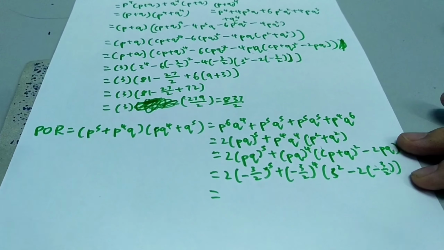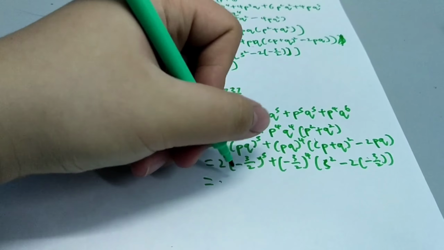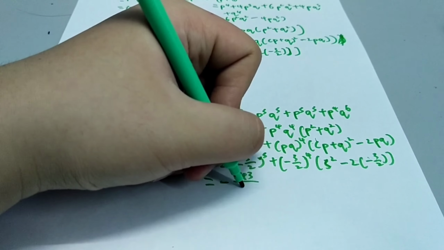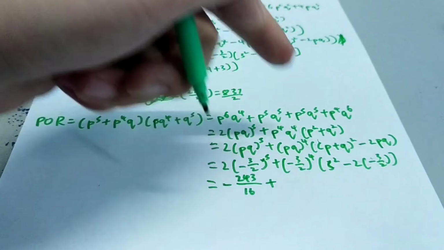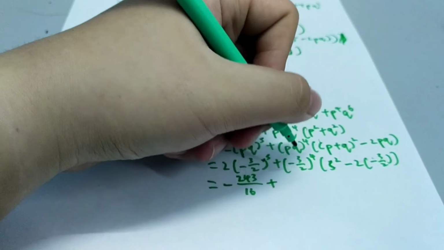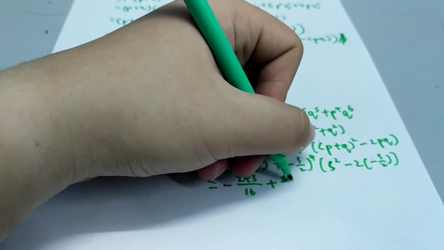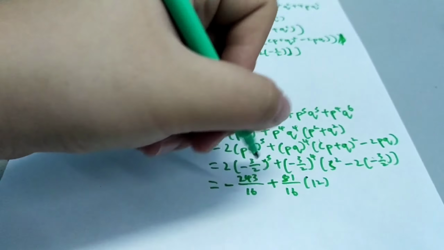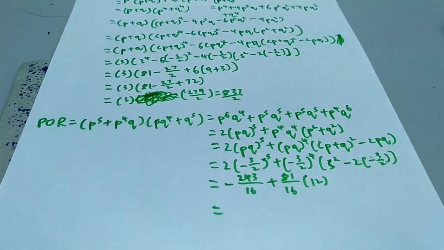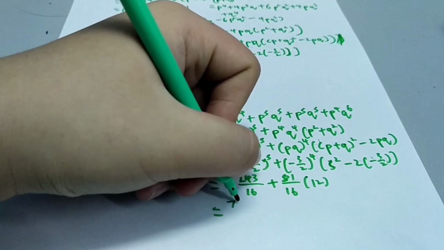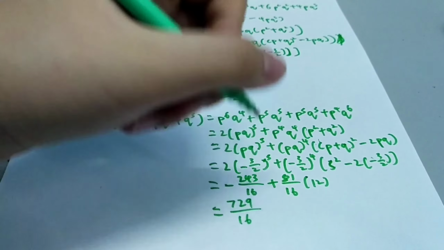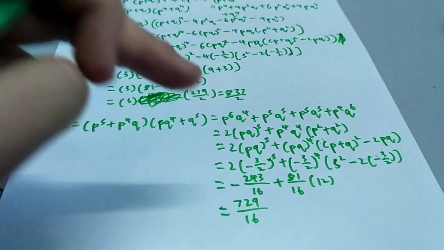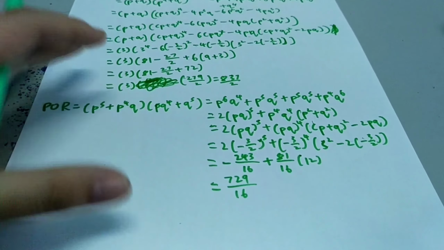So this whole thing is equal to negative 243 over 16 plus 81 over 16 times 12. So I will have 729 over 16, and then this is the result of the product of root.